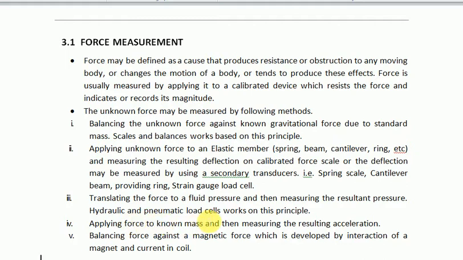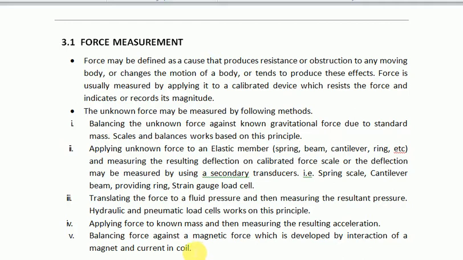Hydraulic and pneumatic load cells work on this principle. Another method is applying force to a known mass and then measuring the resulting acceleration, which also gives us the measurement of the force. Then there is balancing force against a magnetic force, developed by the interaction of a magnetic field and a current coil.